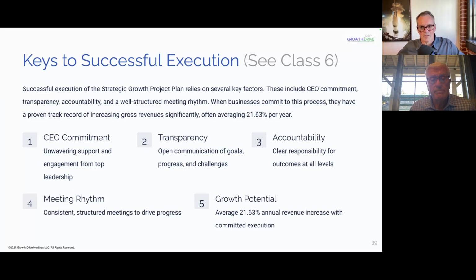And folks, we have some data on this. You start doing this, we have a proven track record. There are so many nuances here that I rarely discuss this publicly. But increasing annual revenue by 22% when there's a commitment to execution. So when we craft the right plan that is executable, we have the data, and businesses pop 22%.